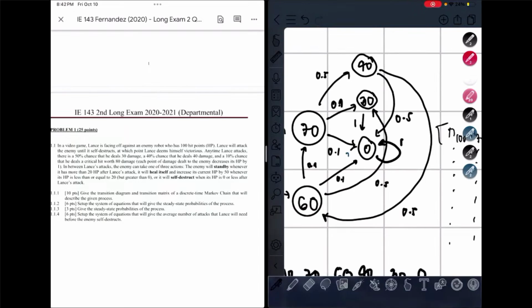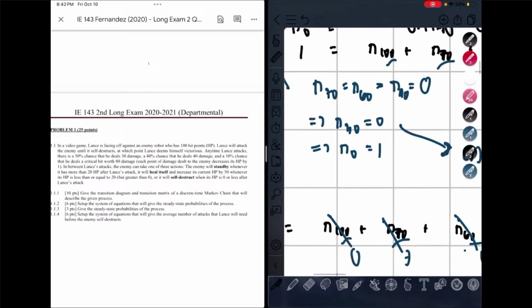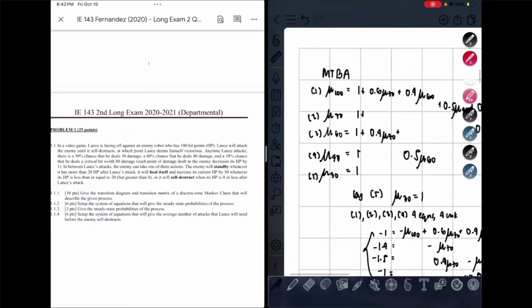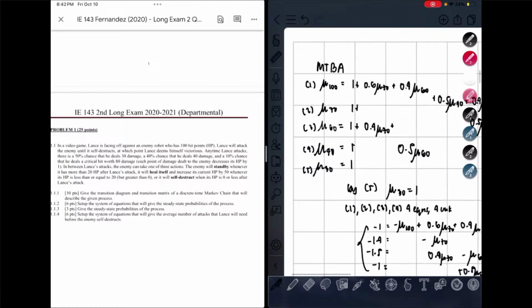The reason why it's an absorbing state is when it self-destructs, the game ends. Meaning, we had to set it up in the Markov chain as an absorbing state. So, therefore, we can just use mean time before absorption, the average number of attacks, and we established that one increment of time is the number of attacks, right? So yeah, that's for mean time before absorption.